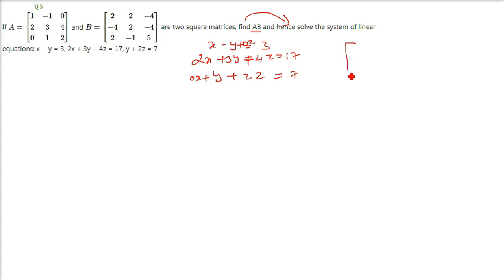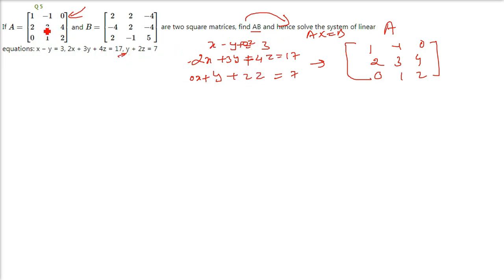So when I make a matrix Ax equals B, for example, what will be A in this case? 1, -1, 0, 2, 3, 4, and 0, 1, 2. Now this is A matrix which is given in the question as well. So same matrix is given, and these equations are giving us the same matrix.